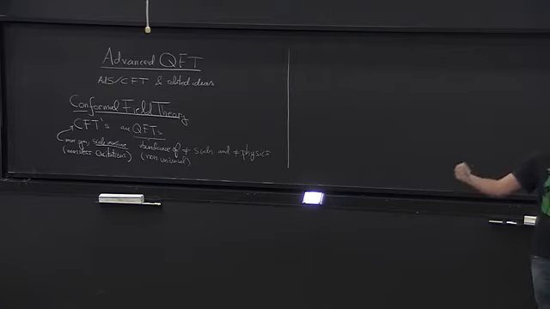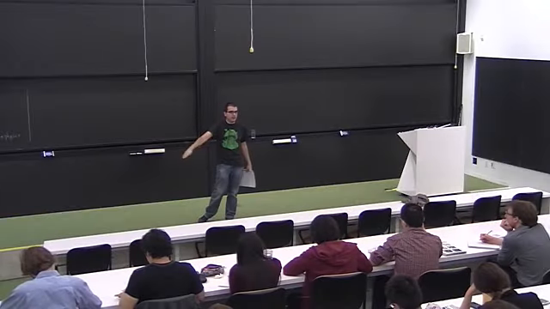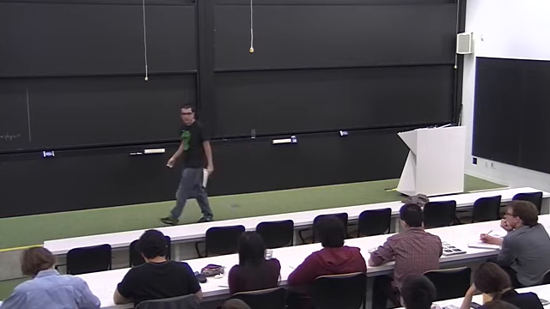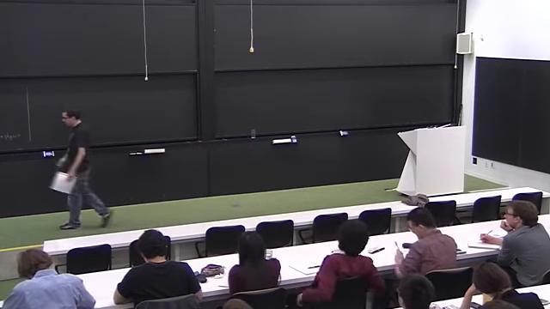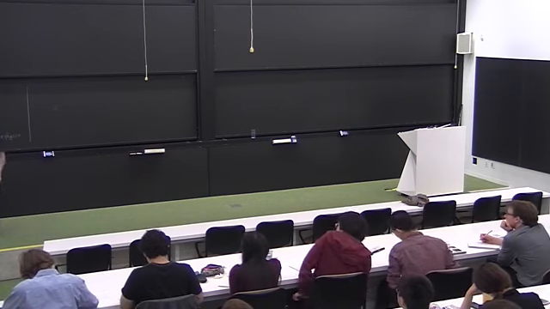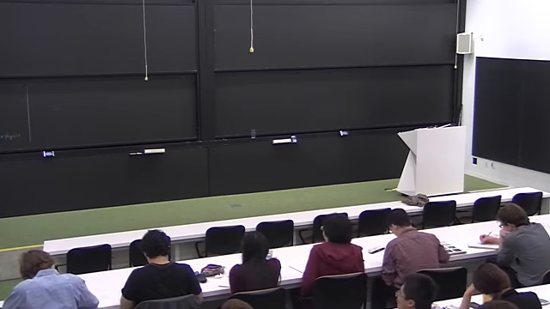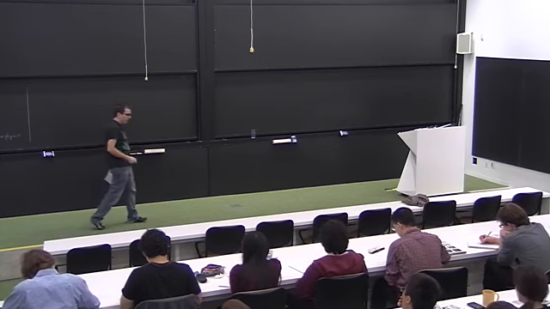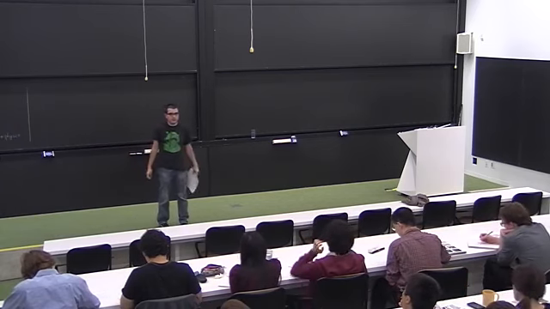So if your fields are massive, it means that your correlation functions decay exponentially, and the mass tells you the correlation length with which they decay, right? This you have seen with John, right? When we studied correlation functions, we saw that away from a critical point in a statistical field theory problem, correlation functions decay exponentially, except if you are exactly at a critical point where they decay as power laws.